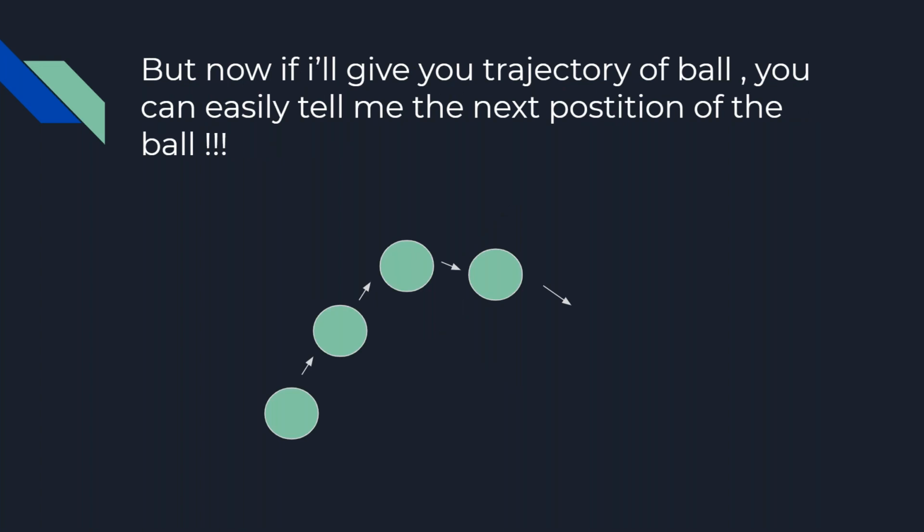But if I give you the trajectory of a ball, then you can easily tell me the next position of the ball, right? The similar thing is happening when we are considering stock prices. Our stock prices are a series of sequential data, and the moving average as well as linear regression take each date as independent data. Whereas in time series modeling, the input is a sequence of data. That's why we are able to predict a trend in the graph.